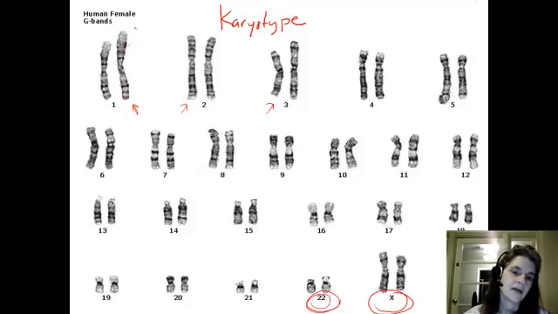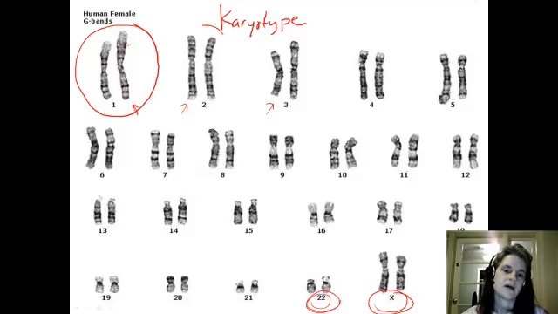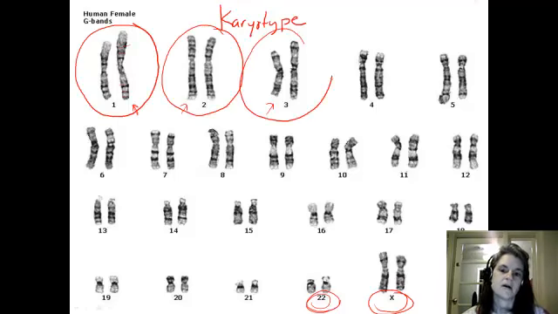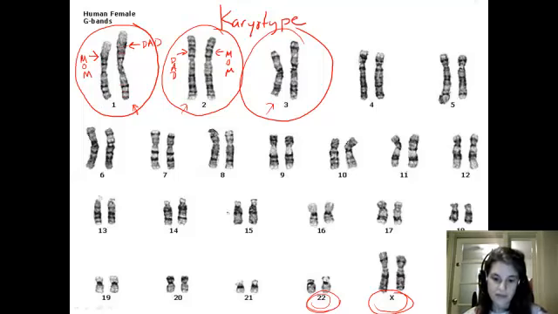But what I want to talk about right now is what's up with these pairs, okay? Why is this a pair and this a pair and this a pair? Well, it's pairs because guess where you got one of these from? If this is one of your body cells, maybe this chromosome came from your mom and this one came from your dad. Over here, maybe this one came from dad and this one came from mom. You got 23, if we count this one, total pairs.